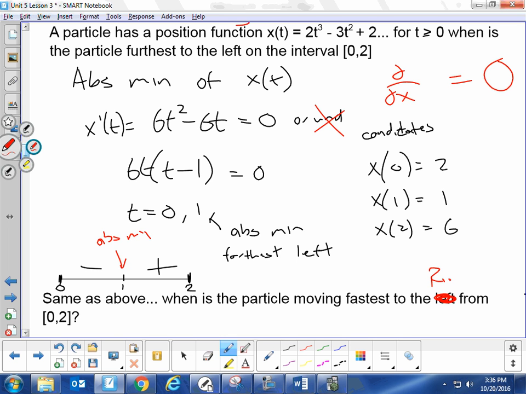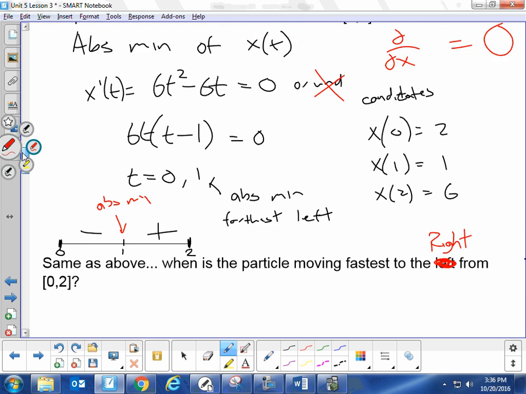What am I trying to find if I'm seeing when something is moving the fastest to the right? The max of what? The derivative, what is the derivative of what? Max derivative of what? So we're finding the max velocity. Exactly. That's what I'm looking at.